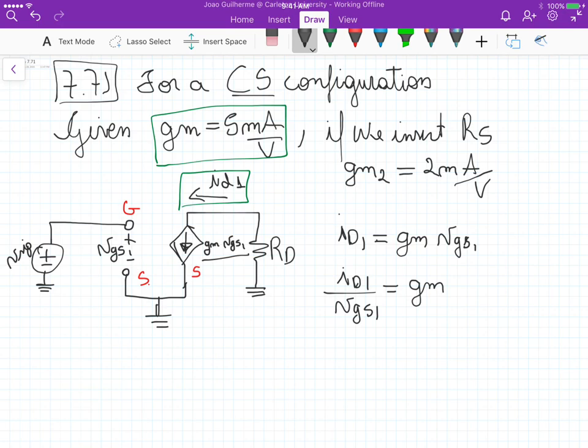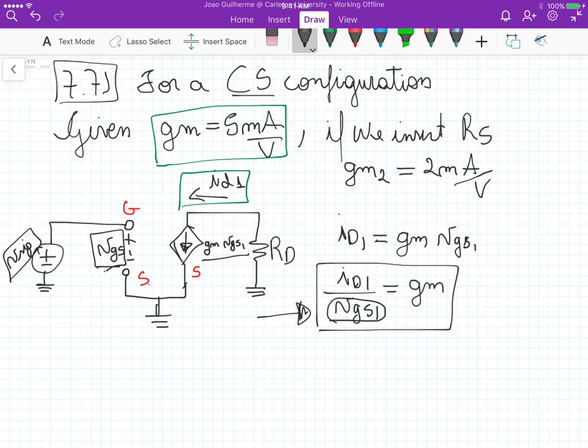We are defining the transconductance as the ratio between a current and a VGS. Now, in this circuit, VGS is actually this signal, so we can rewrite this equation by changing VGS1 to this signal.